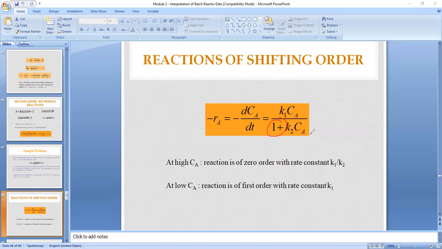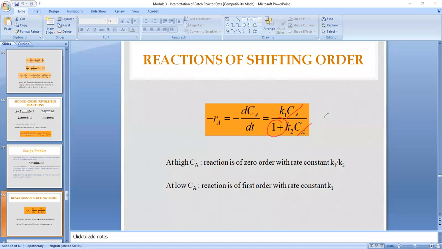So we might as well write K sub 2 C sub A in the denominator. In the process, you cancel the concentrations of A in the numerator and in the denominator, giving you a rate expression which is not dependent on any concentration, especially on A because it has very high concentration. This time your reaction is zero order and is only dependent on the values of the rate constants K sub 1 and K sub 2.